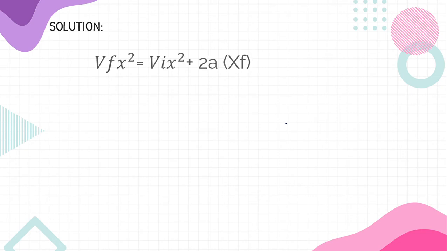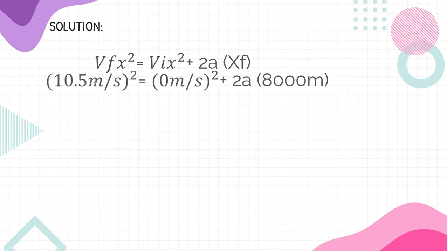Now we're going to need to use this formula: Vfx squared equals Vix squared plus 2a(xf). We need to input the values that we got a while ago in this problem, in which Vfx squared will be (10.5 m/s) squared is equal to Vix squared, that is (0 m/s) squared, plus 2a(8000 meters).